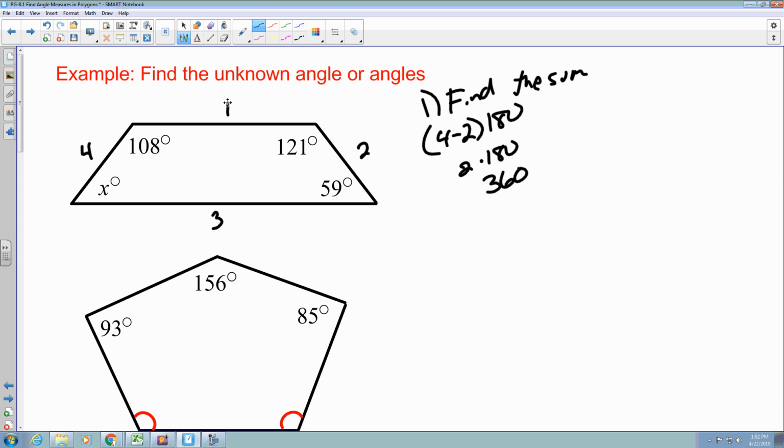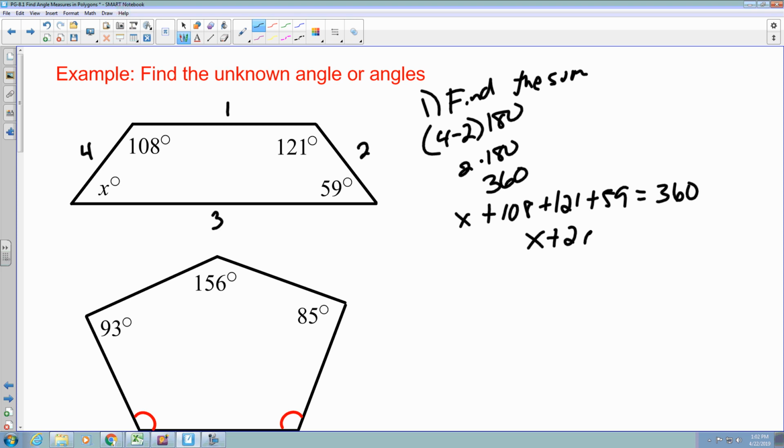Once you've figured that out, you can plug it back in and say, I know that x plus 108 plus 121 plus 59 is going to equal 360, because that's how much the sum is going to be. Combining like terms, 108 plus 121 plus 59 equals 288.